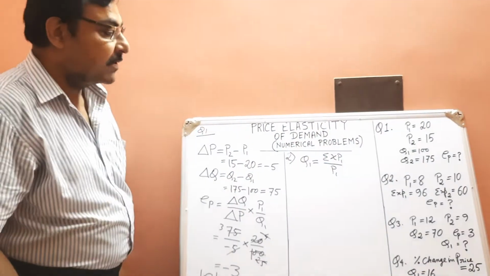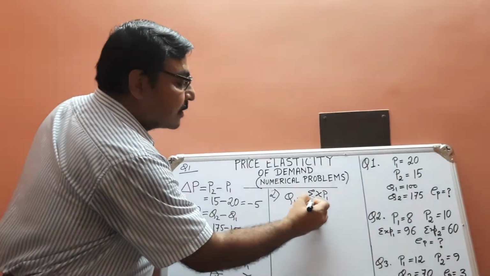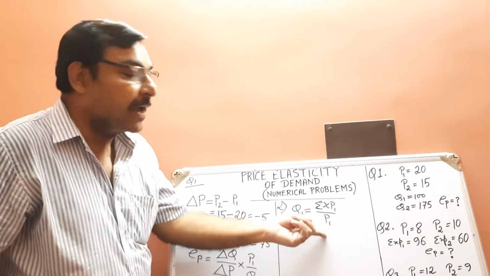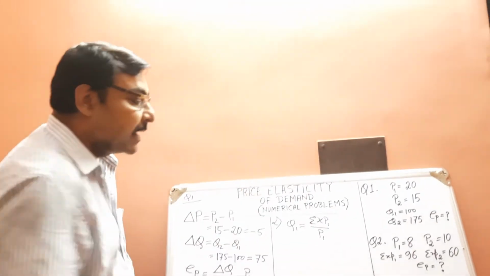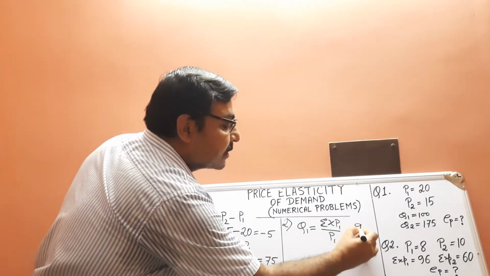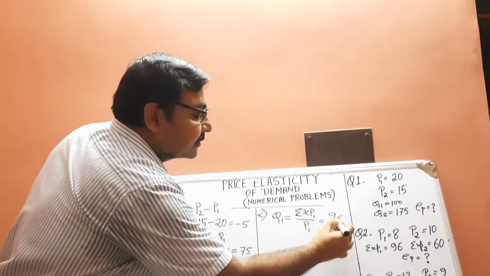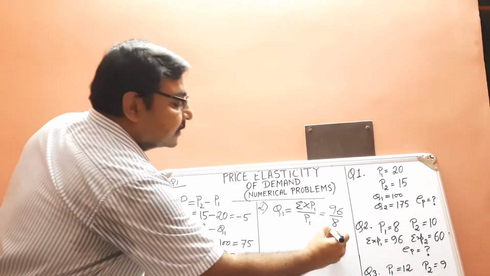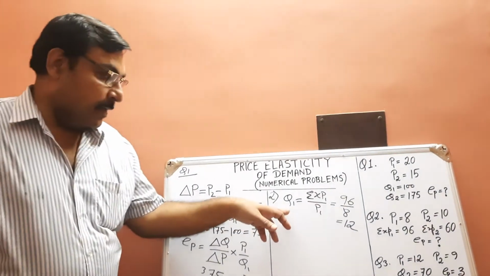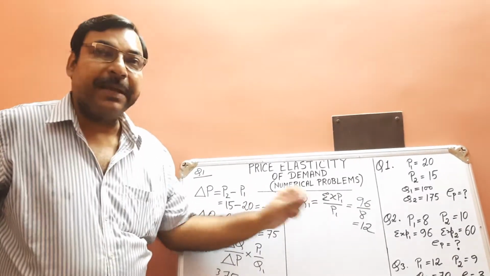When expenditure is given, initial expenditure, EXP1, divided by initial price, you will get initial demand. Initial expenditure is given 96 and initial price is given 8. So it is 12. So initial demand is equal to 12.